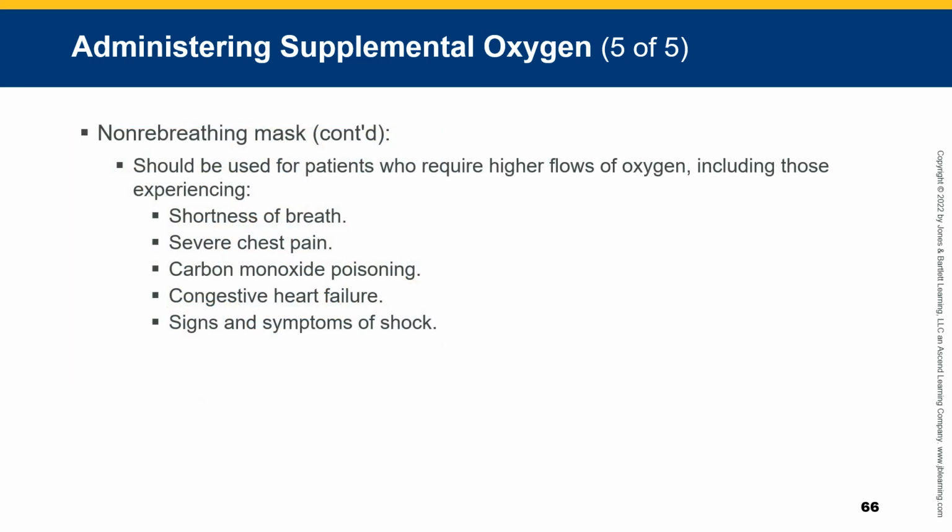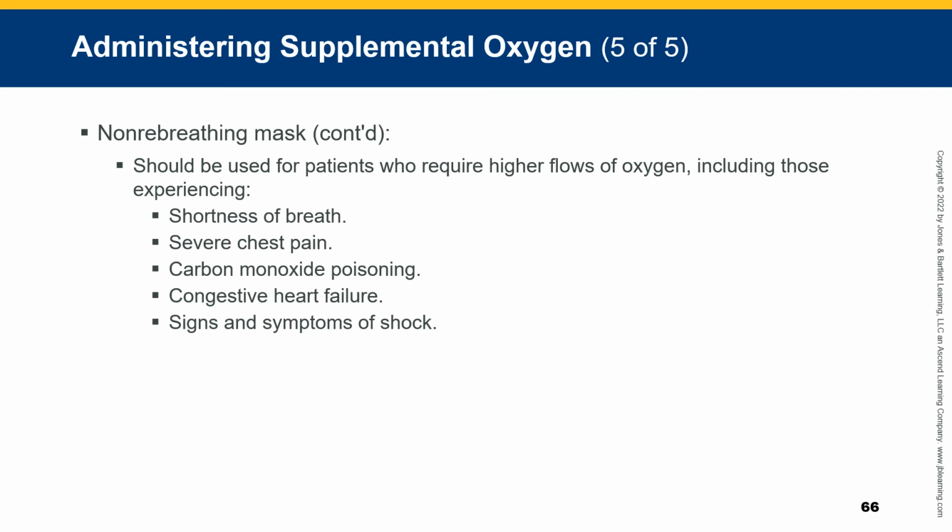The non-rebreathing mask should be used for patients who require higher flows of oxygen, including those experiencing shortness of breath, severe chest pain, carbon monoxide poisoning, congestive heart failure, or signs and symptoms of shock.